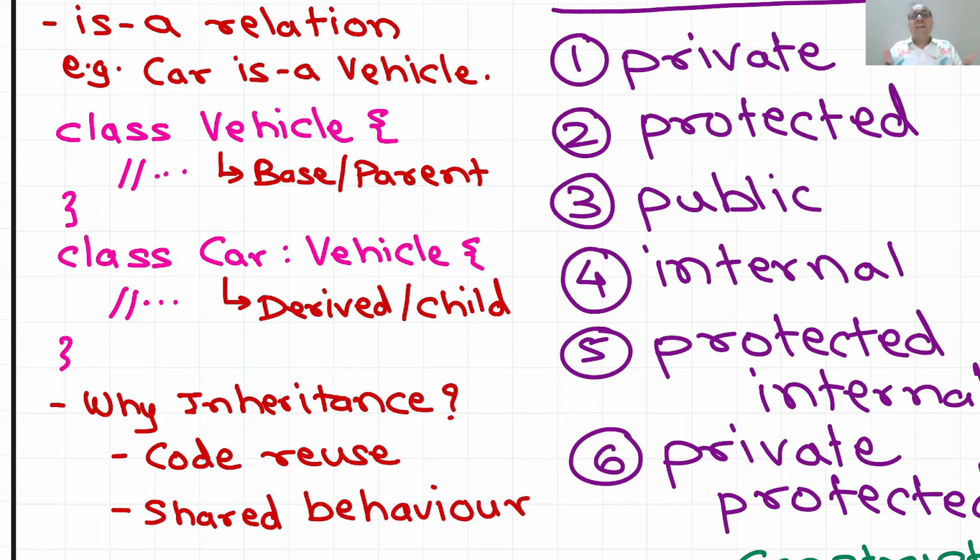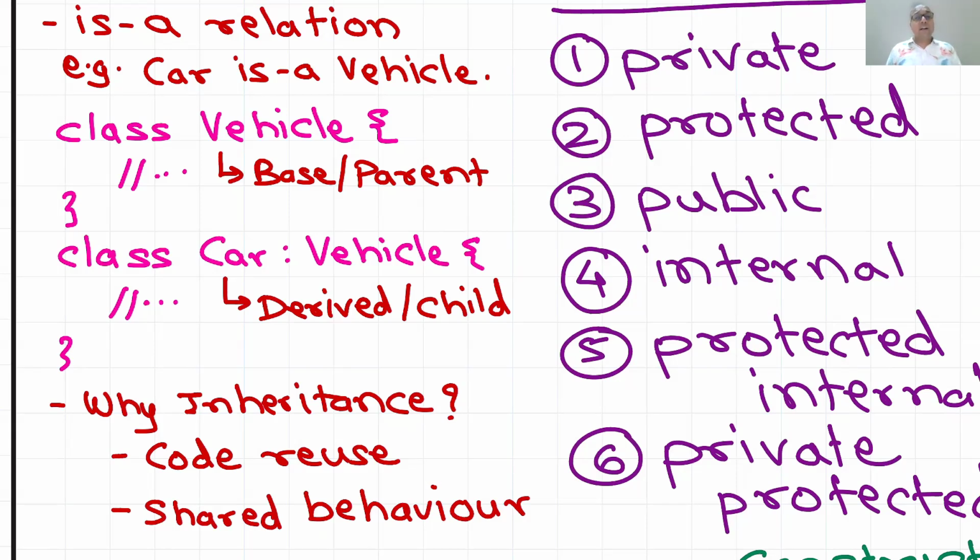Rather, you will inherit car from the vehicle, and then all features of the vehicle will be inherited to the car. And then we can only focus on implementing the new features for the car.